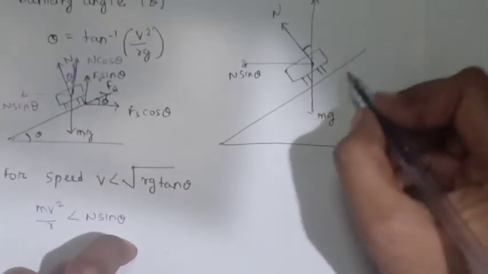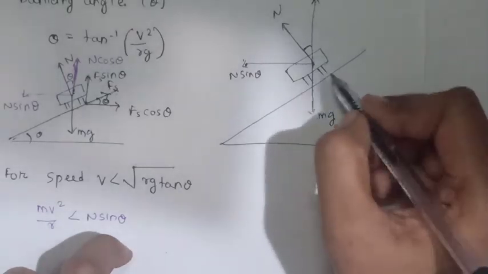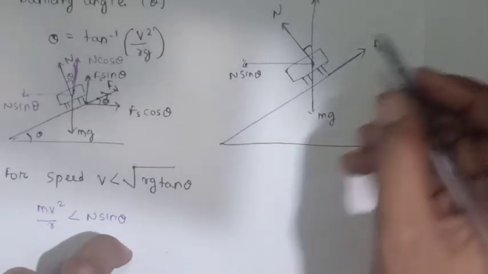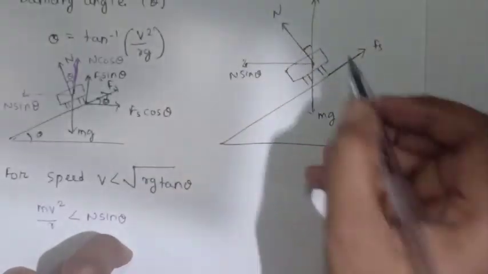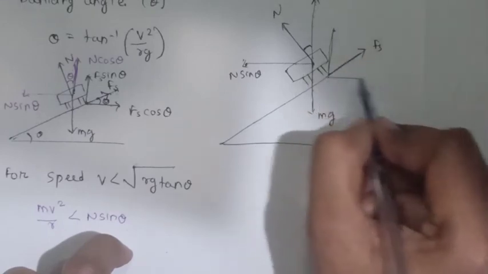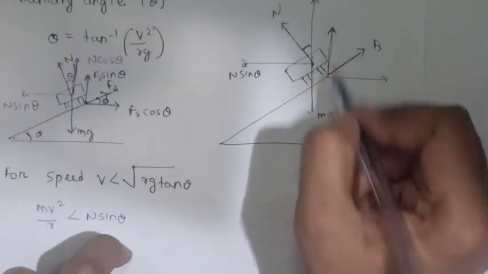So the direction of friction will be upward, like this, Fs. As the resultant friction, it can also be divided into two components, horizontal and vertical.